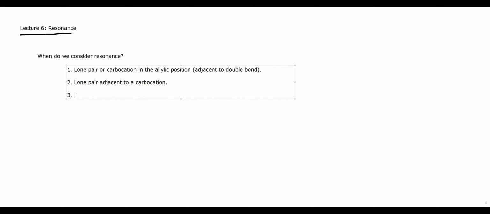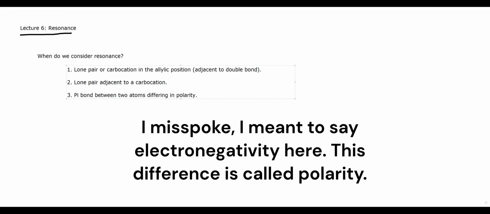Anytime we have a pi bond between polar atoms that are bonded together, like a C double bond O, okay? We saw examples of that. Pi bond between two atoms differing in polarity, let's put it like that.